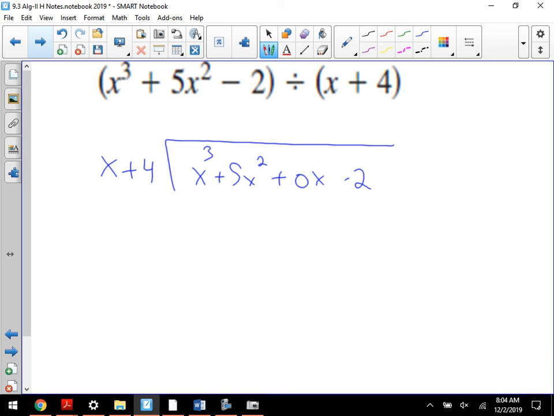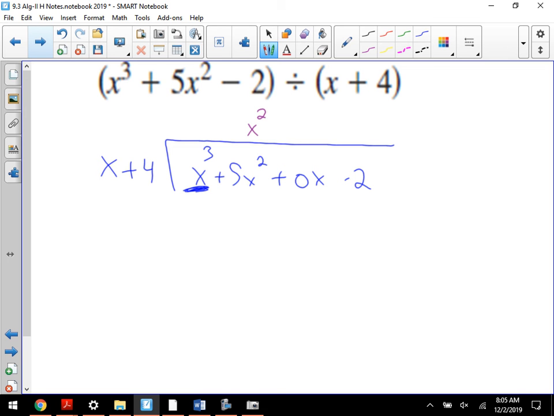The trick with the long division is that we were trying to figure out ways to eliminate the first term underneath the divisor, which meant you had to figure out what do you multiply x by to turn it into x cubed. x squared. Good. Now, if I'm going to multiply it by x squared, I'm going to put it above the x squared.